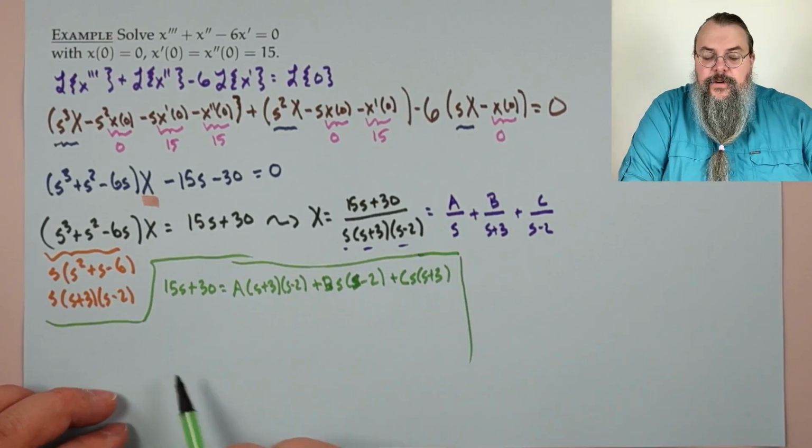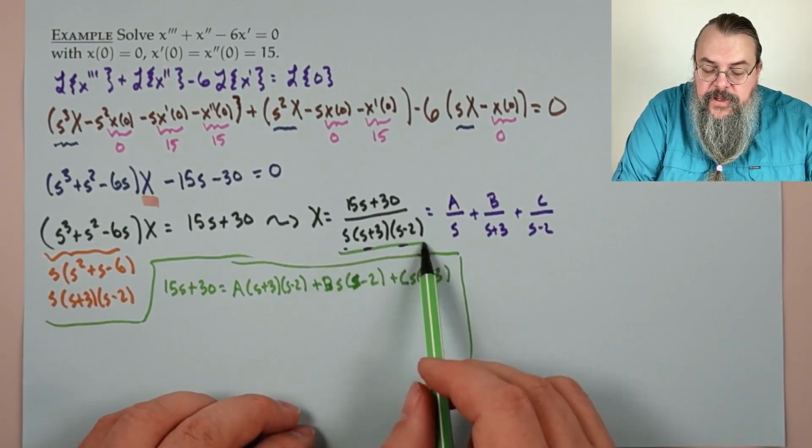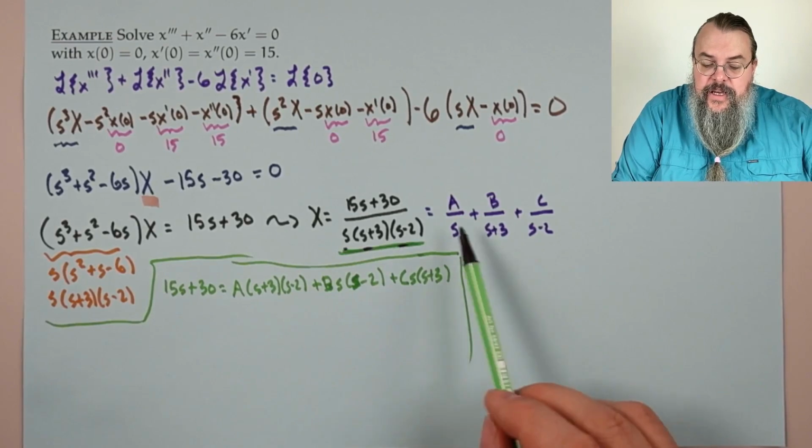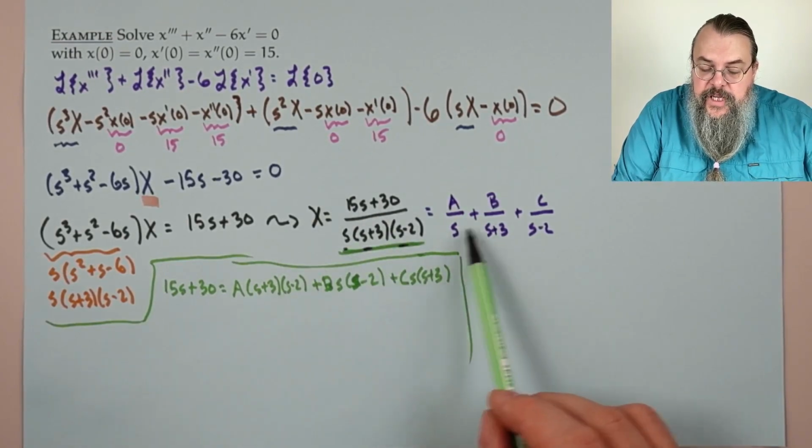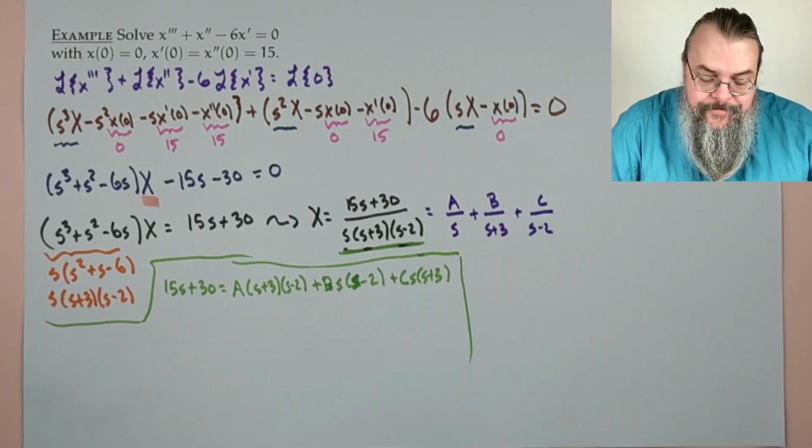Okay, so again, we've multiplied everything by this denominator, and so no denominator left, 15s plus 30, and then for each term, one piece canceled.